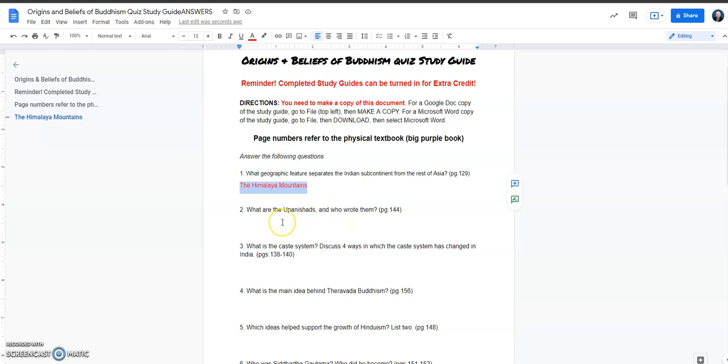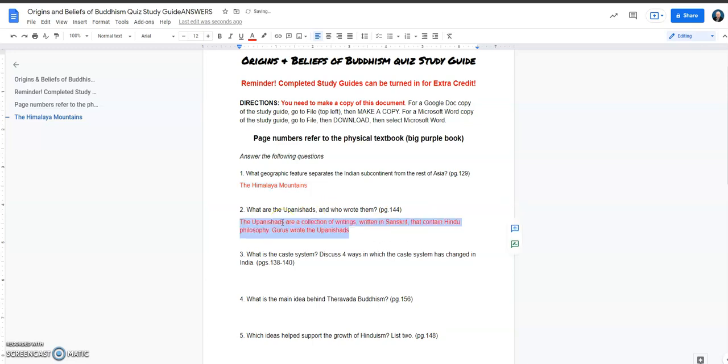Question number 2, what are the Upanishads and who wrote them? The Upanishads are a collection of writings in Sanskrit that contain Hindu philosophy. They were written by gurus. Hinduism and the Upanishads weren't developed by just one person; it was a collection of people that evolved over time.